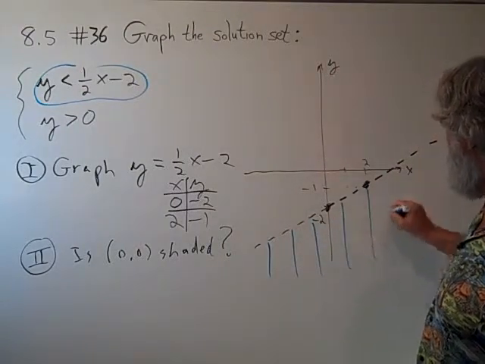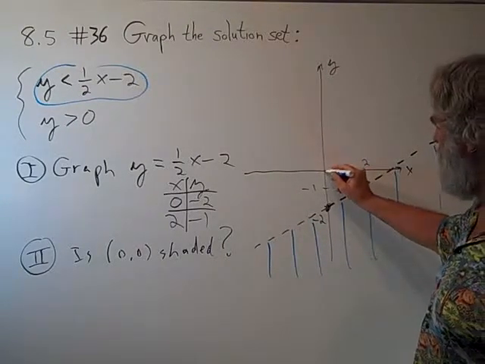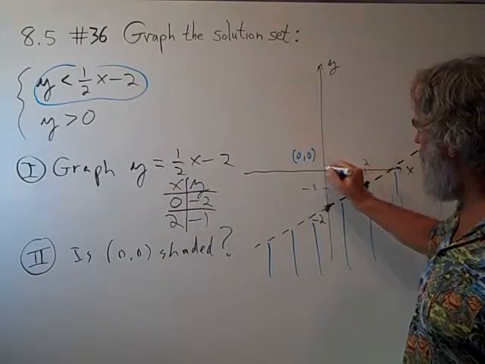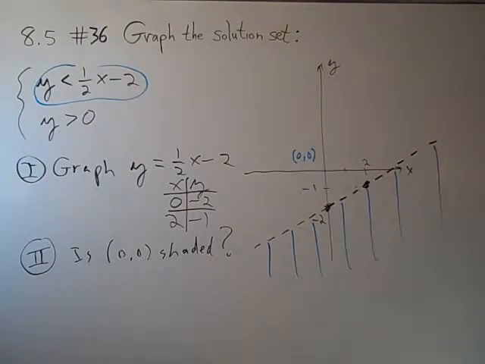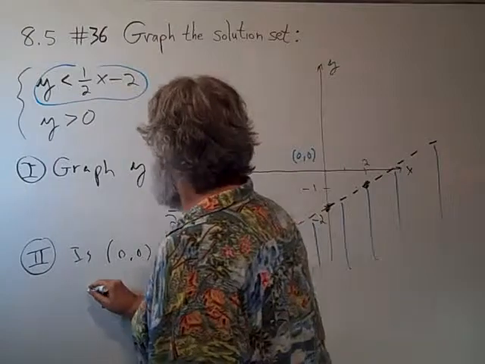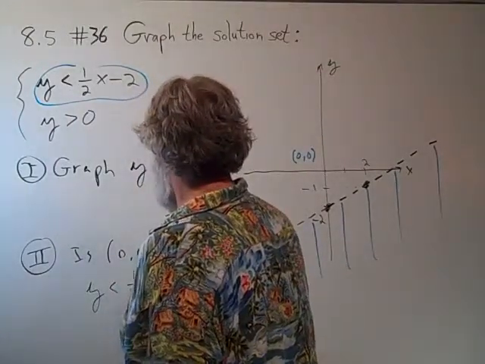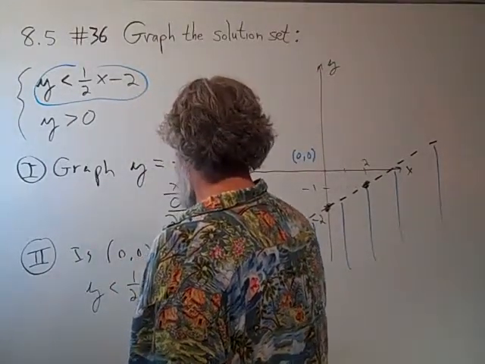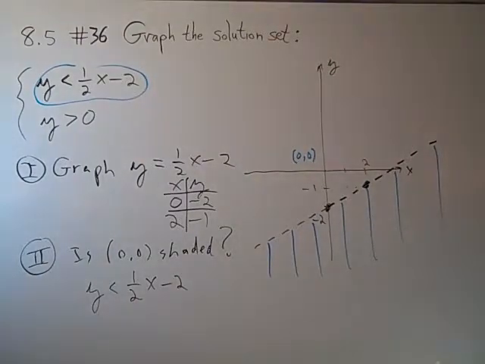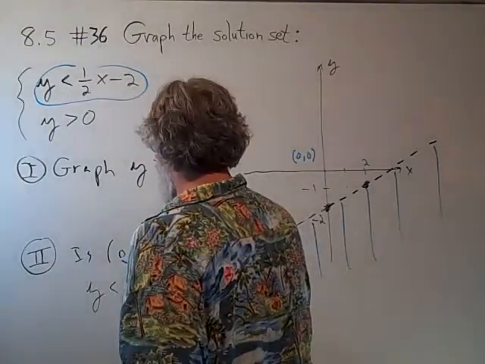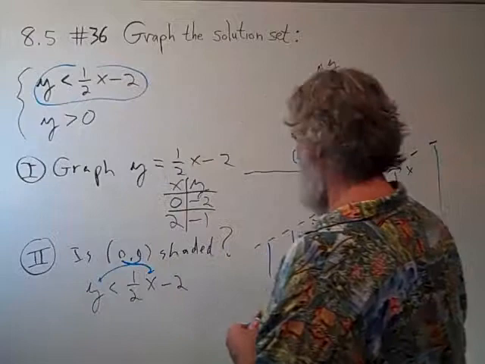We could also ask the question to answer this, is the origin shaded? And answering that question by plugging zeros into x and y in the inequality, you get x equals 0, y equals 0.